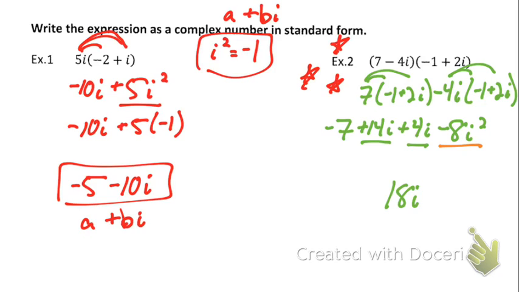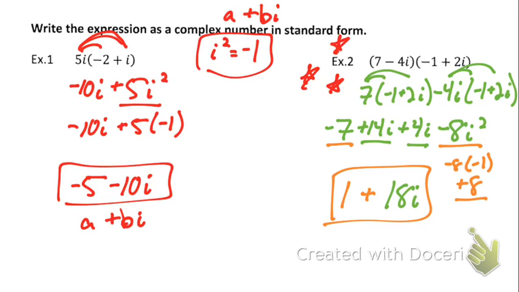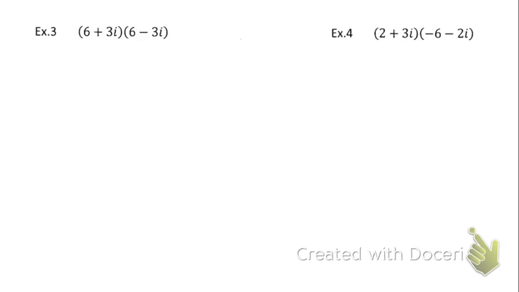This negative 8i squared is the same thing as negative 8 times negative 1, which would be a positive 8. Well, these two can combine now. Negative 7 plus 8 is 1. And since that's the real part, it goes out right in front, and you're done. But these two middle ones will always combine, ladies and gentlemen. So you make sure, take your time and do those right.